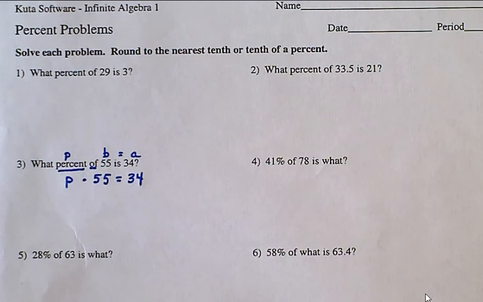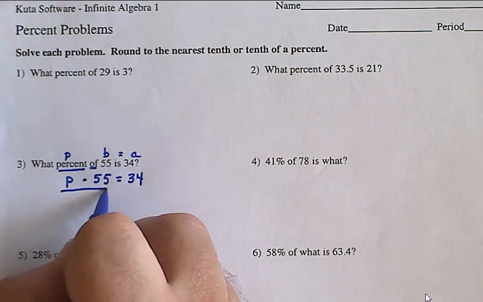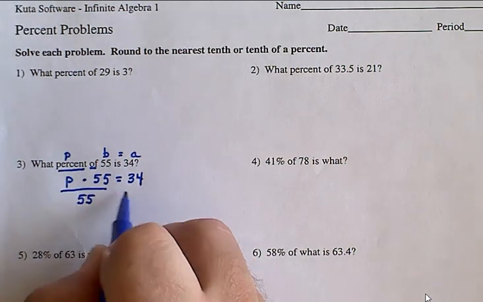If I know that P times 55 equals 34, to find P, I need to divide by 55.